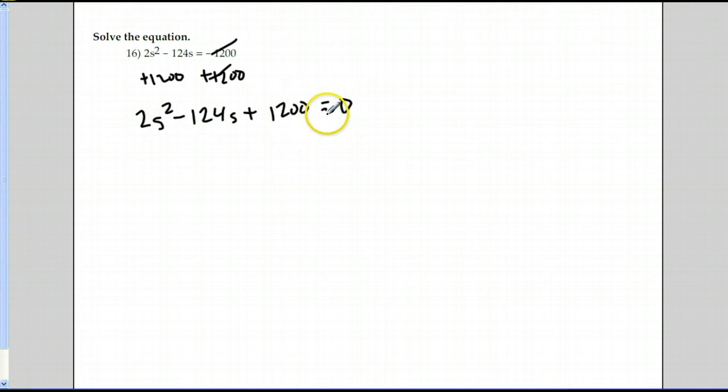Alright, all the numbers are even, so I can factor a 2 out and divide it away since this is an equation. So basically I can just get rid of a factor of 2 in all these. So 124 divided by 2 is going to be 62. And then 1200 divided by 2 is going to be 600.